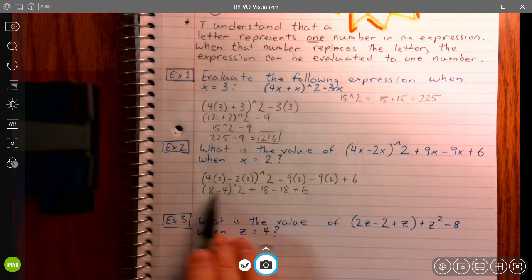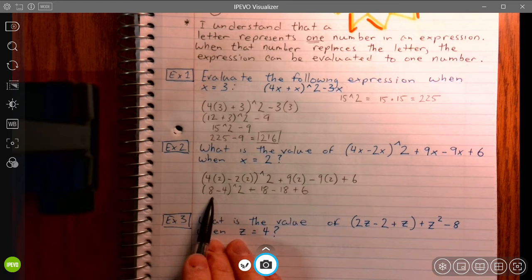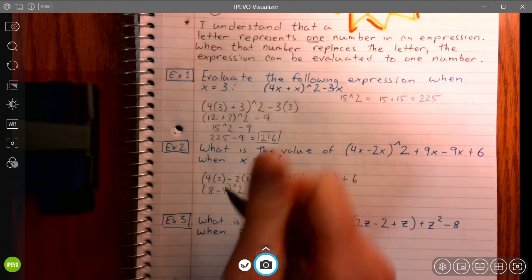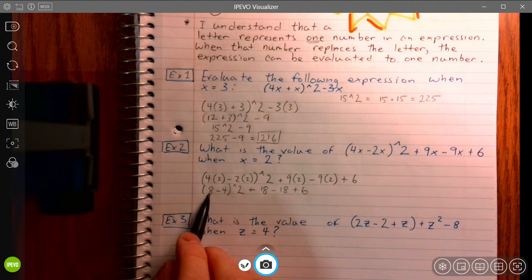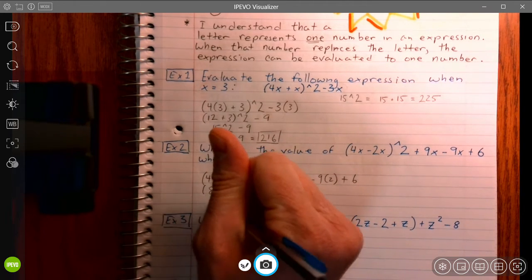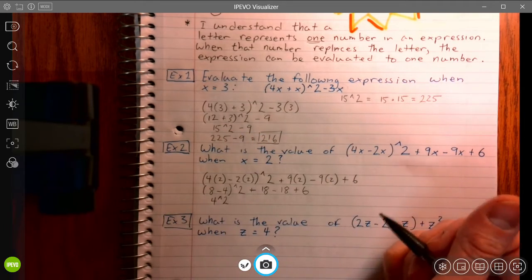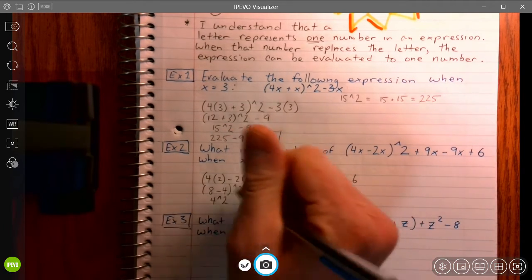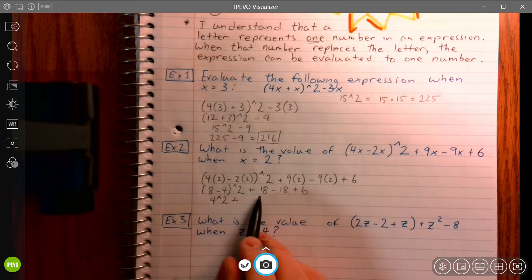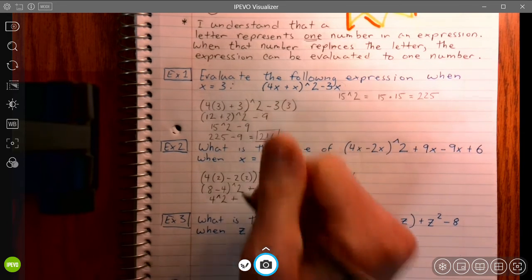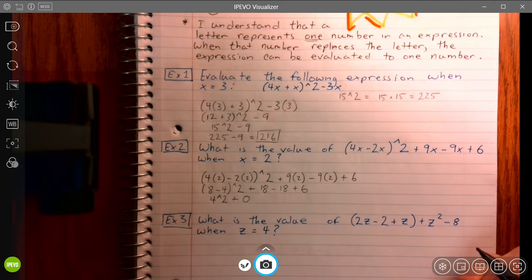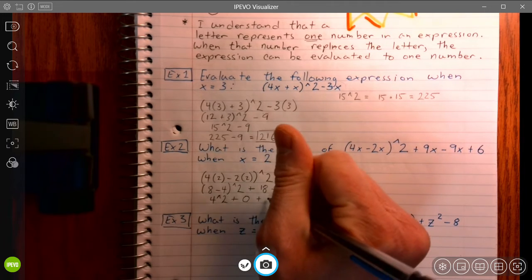Now I'm going to go through again. Do I have parentheses? Yes, I do. Inside of those parentheses, I have the expression 8 minus 4, which is 4 squared. And then I got plus, well, look at this. 18 minus 18, that's 0, plus 6.